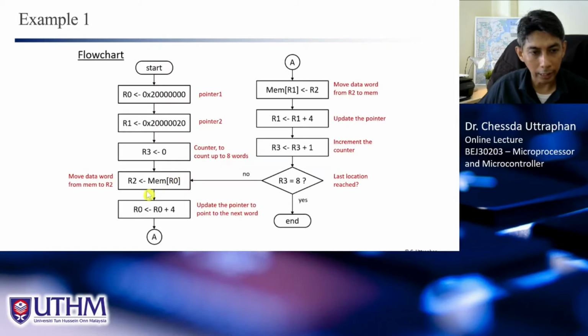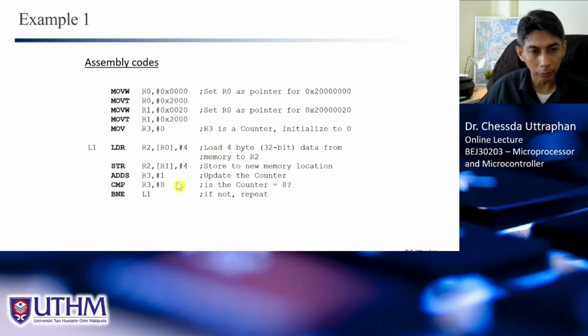So this is done in one single instruction, meaning that after we move the value here from the memory location here into R2, then automatically we add 4 to R0, right?